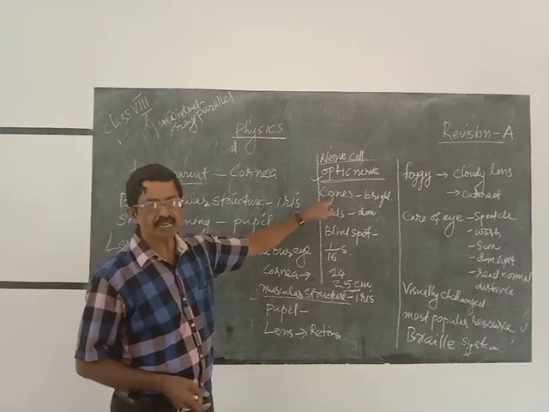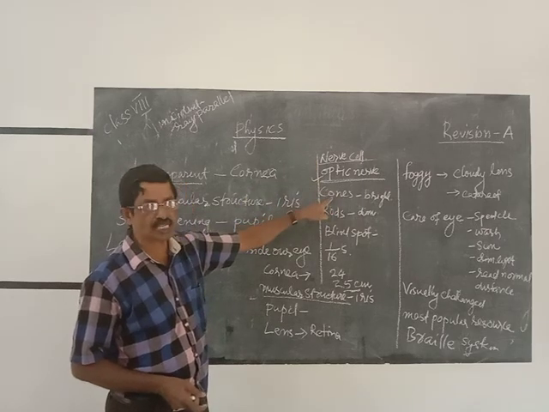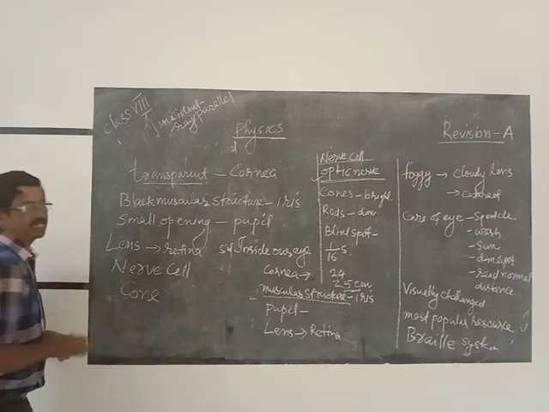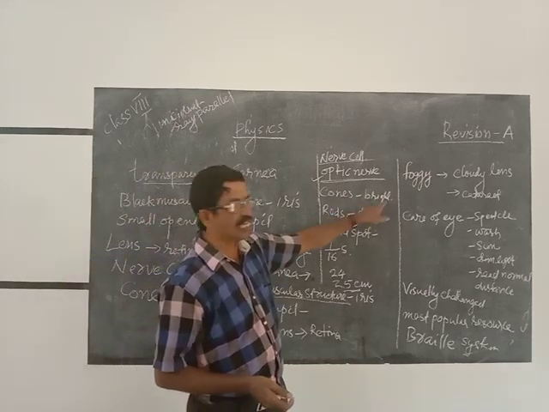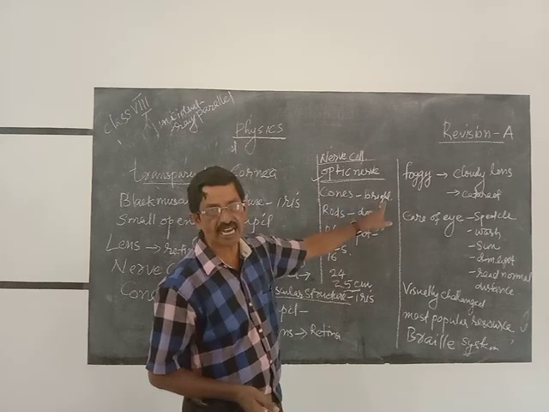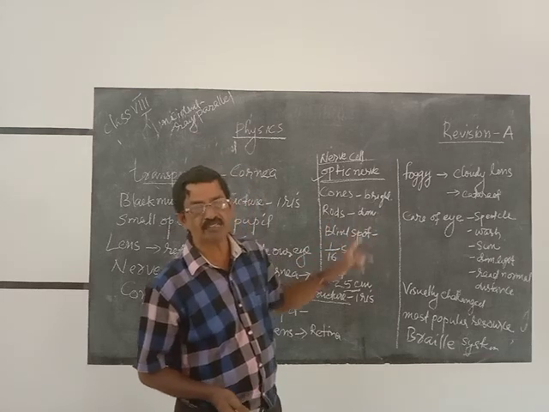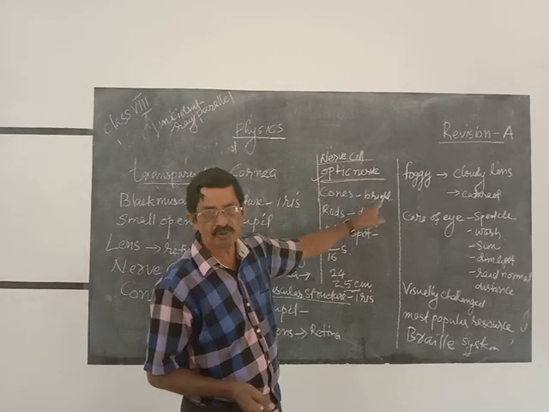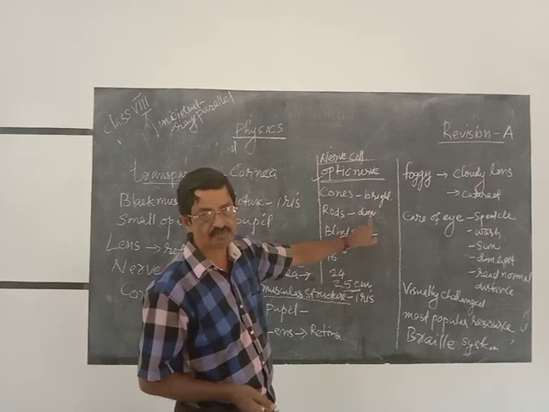In the retina, there are two types of nerve cells. One is the cone cells, which are activated in bright light, and another one is the rod cells, which are activated in dim light.